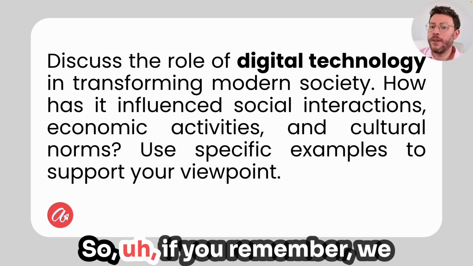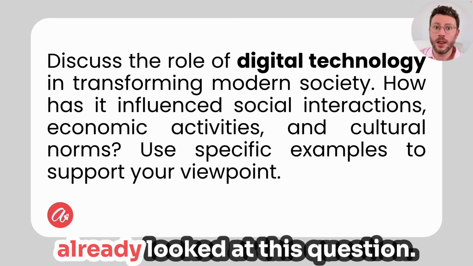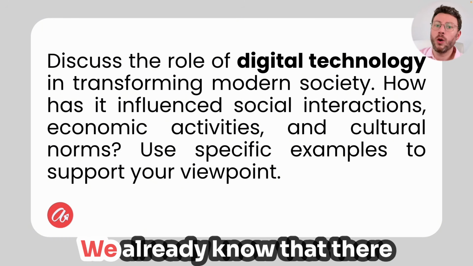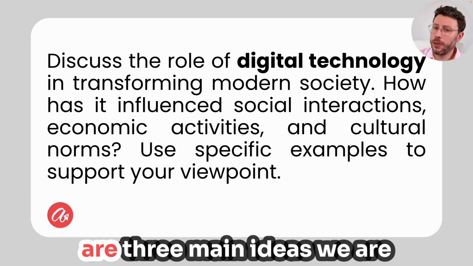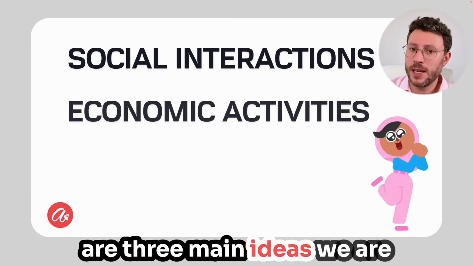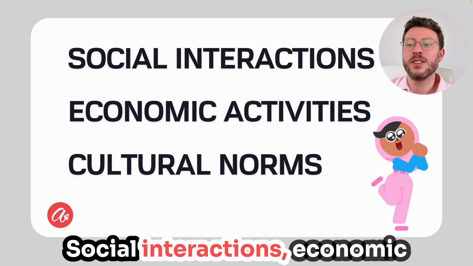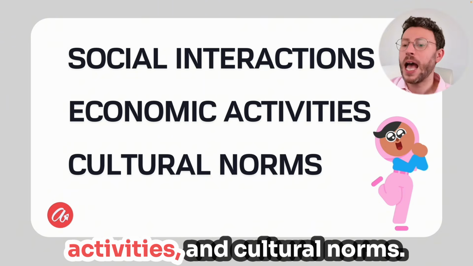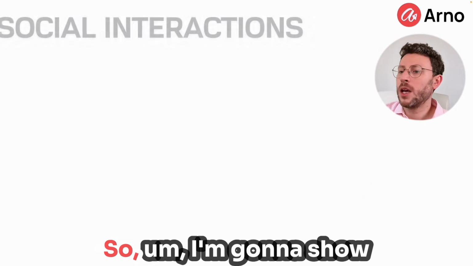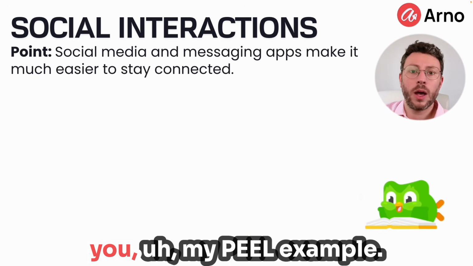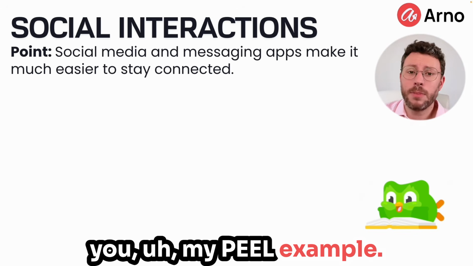So, if you remember, we already looked at this question. We already know that there are 3 main ideas we are going to talk about. Okay, social interactions, economic activities, and cultural norms. So I'm going to show you my PEEL example.